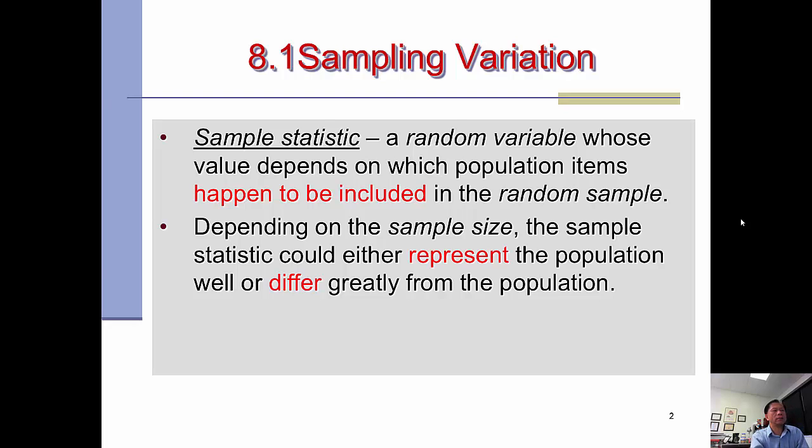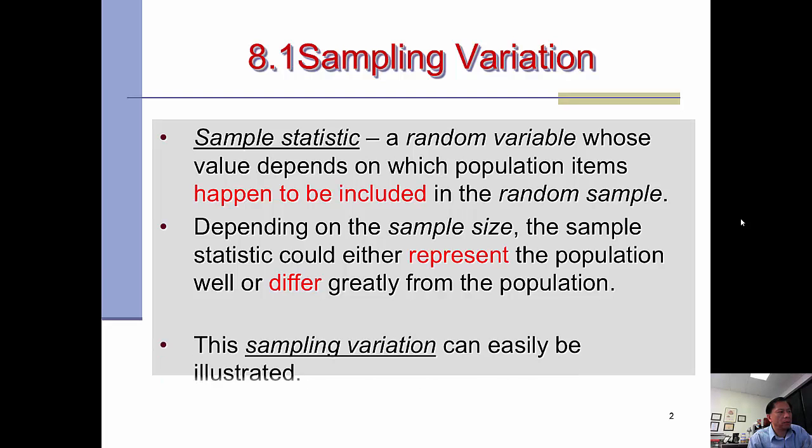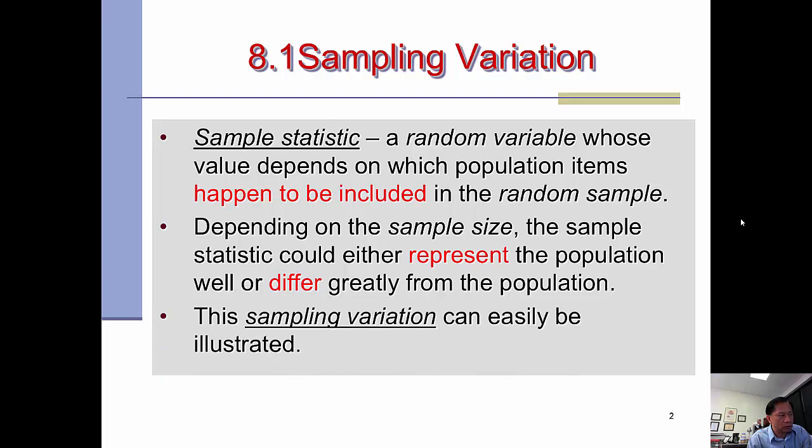Because when you take a random sample, you don't know which items in the population will be picked, will be included. So that itself, that's a sampling statistic, right? So depending on the sample size, the sample statistic could either represent the population very well or differ greatly from the population. Of course, that's not good, right?